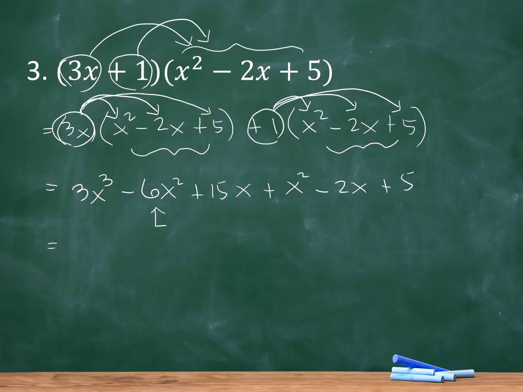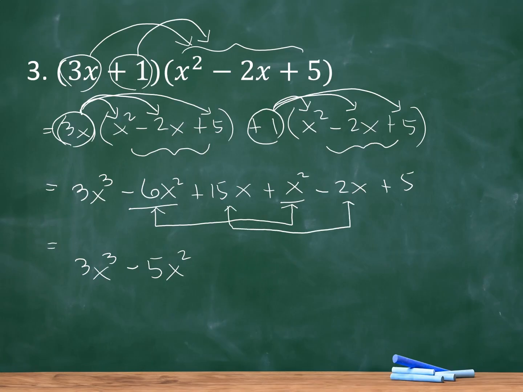Negative 6x squared will be combined to x squared. So copy first 3x cubed. So negative 6x squared plus x squared, it's gonna be negative 5x squared. And then we will also combine 15x and negative 2x.